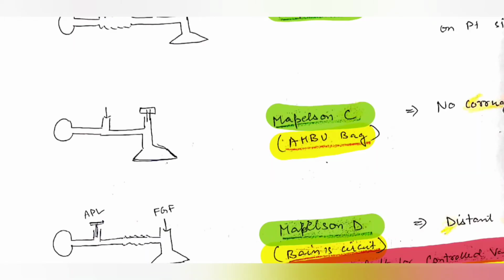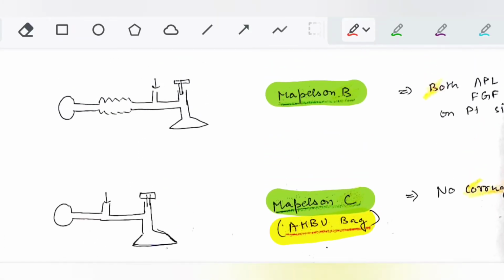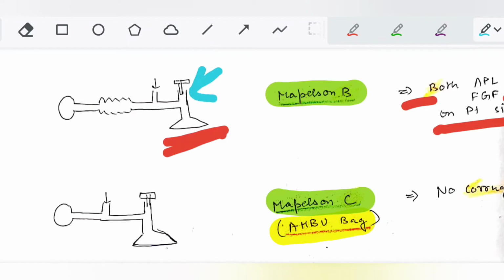Now let's start with Mapleson B. In Mapleson B, both the APL and the fresh gas flow will be on the patient side. So this was my patient side, this was my fresh gas flow, and this was my APL valve.